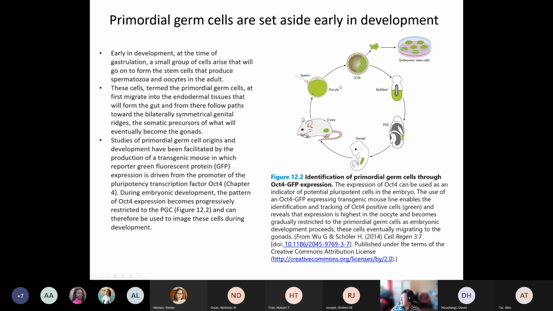So basically, let's start with a fertilized egg as shown here, if you can see the arrow on my mouse. That's a fertilized egg, and then let's fast forward to the stage of blastocyst. You have an inner cell mass. If you isolate the inner cell mass, you have embryonic stem cells. But just 2.5 days later, the development will reach the stage of epiblast.